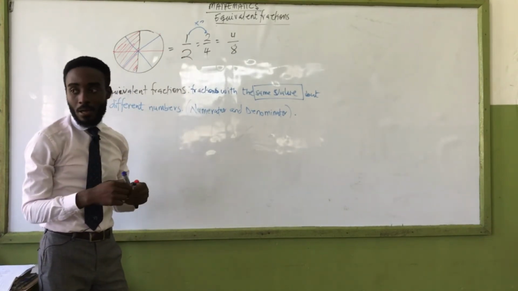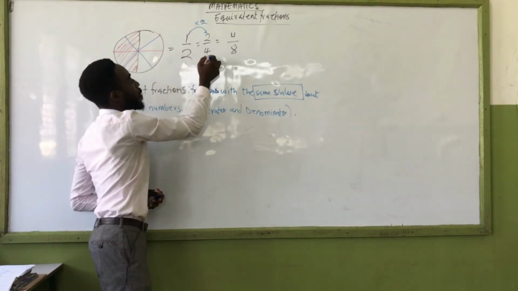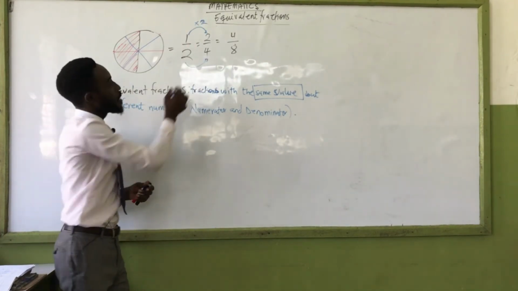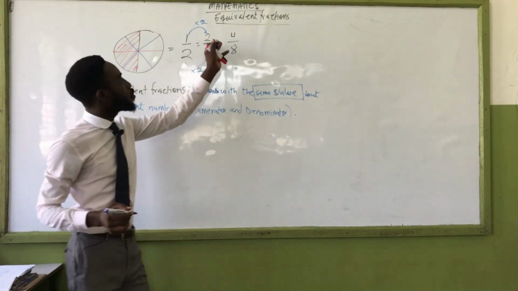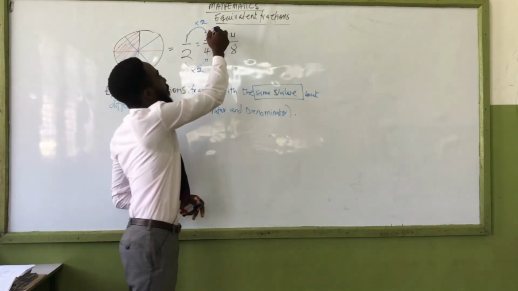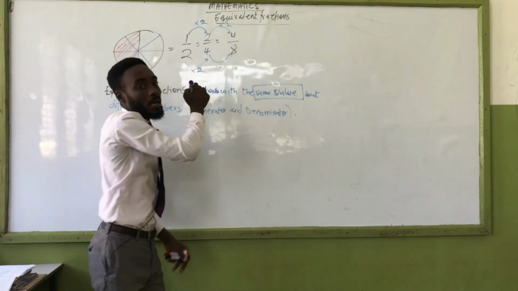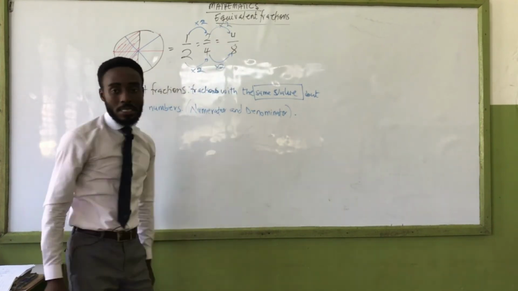Attention here. 1 times what gives you 2? 2 times what gives you 4? The same 2, right? Times 2. 4 times what gives you 8? 4 times 2. Is that okay?